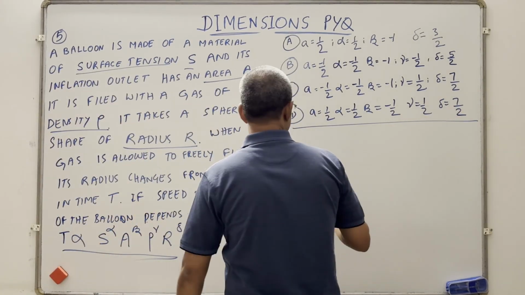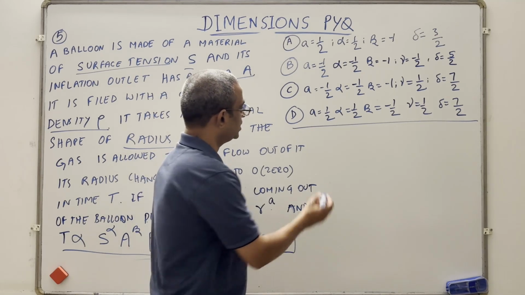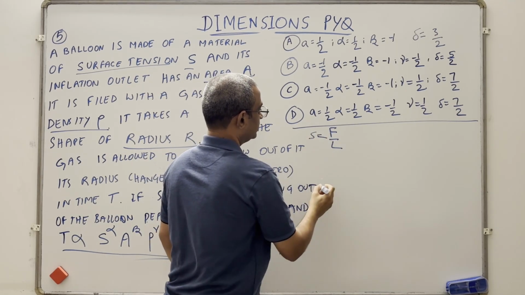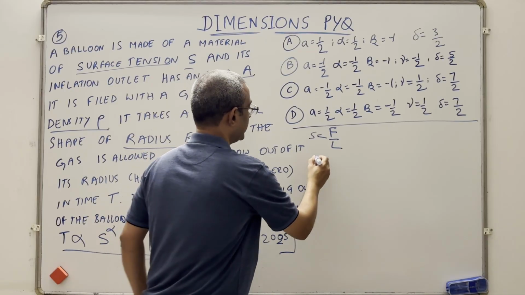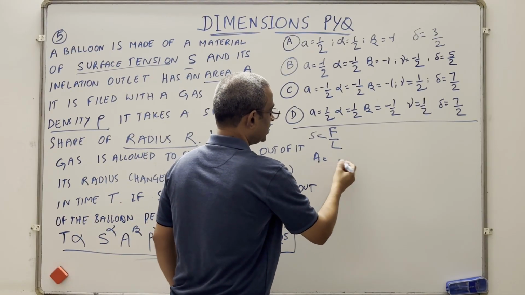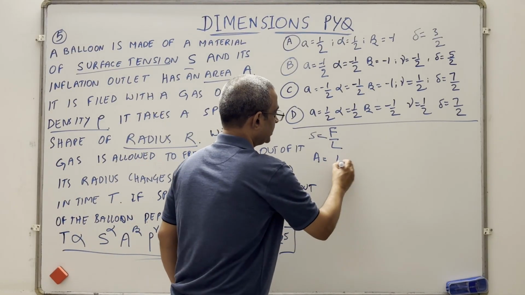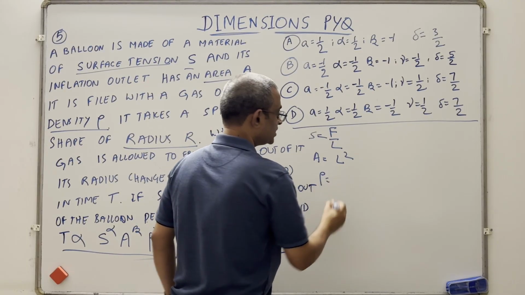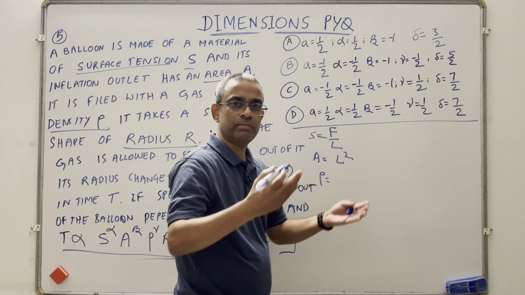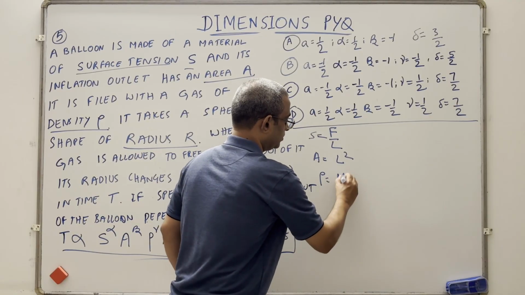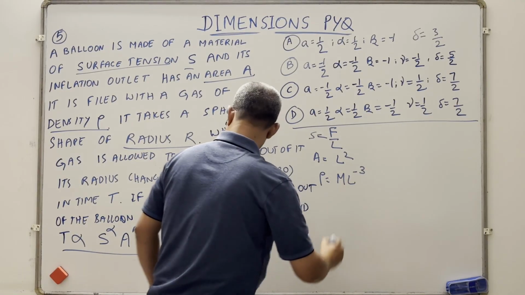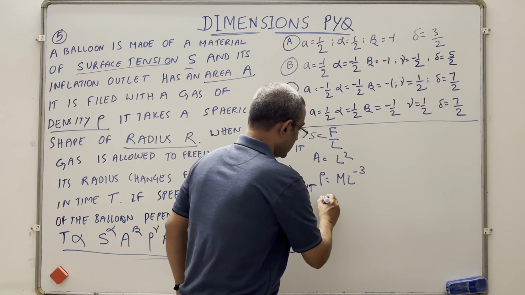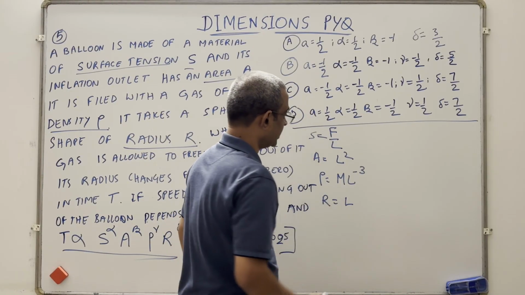So what is S? S is surface tension. Surface tension is force by length, and we have area. Area is side into side, so length square. We have rho. Rho is density. Density is mass by volume. And we have r. R is radius. Radius is length.